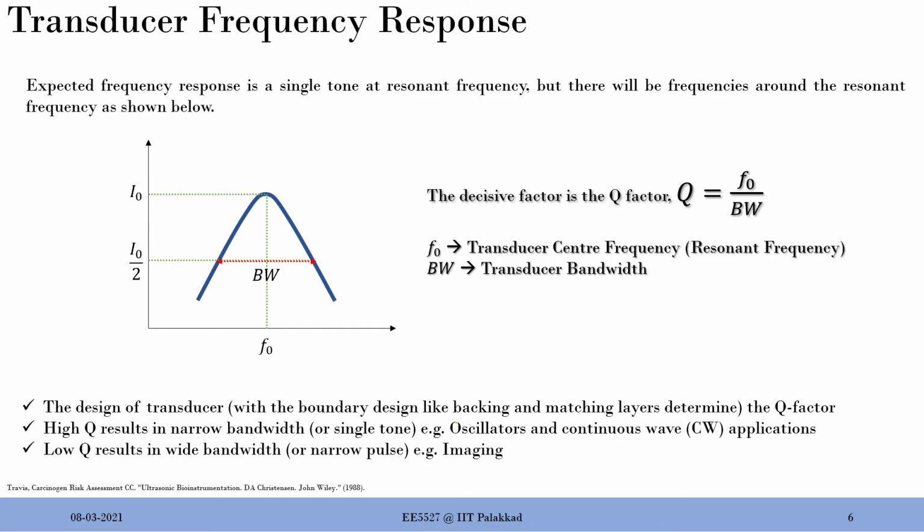But in ultrasound or any sort of imaging application, your objective is actually to have a low Q. I will explain the reason with an example in the next slide, because we need a pulse to go. We don't need a continuous wave, since a continuous wave going and coming back is really not imaging.